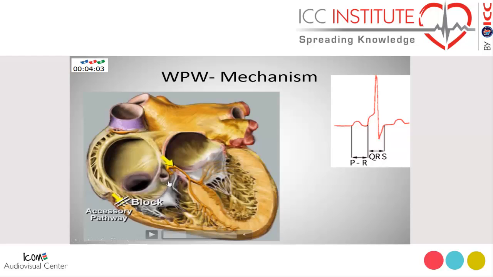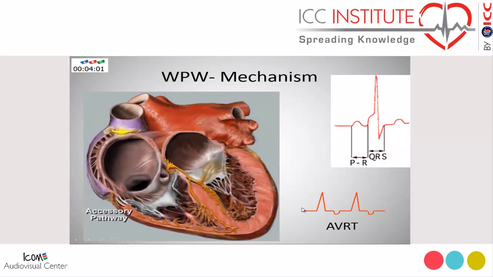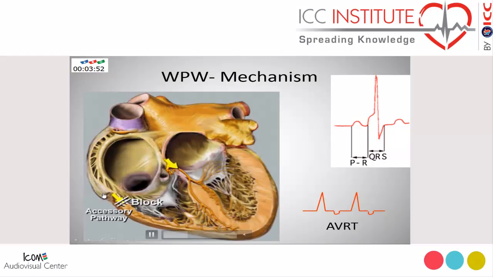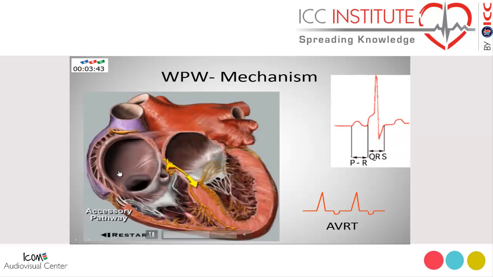And when this occurs, the QRS becomes narrow because it conducts only on the normal pathway. But it can travel in the retrograde direction from the ventricle to the atrium, and then from the atrium again to the ventricle. And it can cause a continuous or circus loop tachycardia. This is called AV reciprocating tachycardia, as Professor Nawar has said.